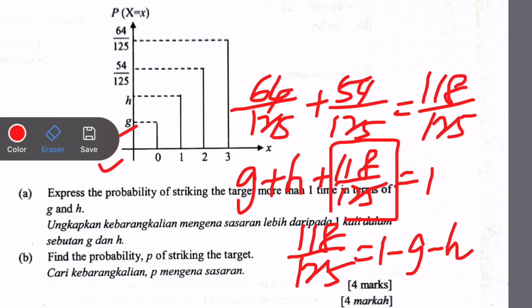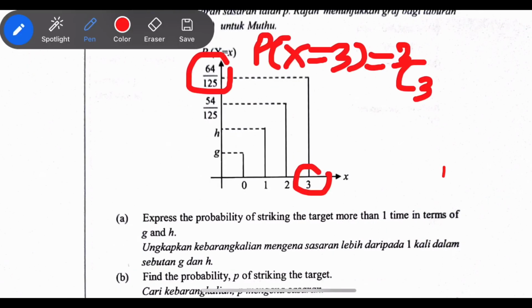Now let's proceed to question B. For B, you are asked to find the value of P. Normally when you want to find P or Q, if it is P, we choose the maximum value, so P(X = 3) equals 64/125, right? We choose that value so that when we substitute into the binomial formula, we can get P easily.